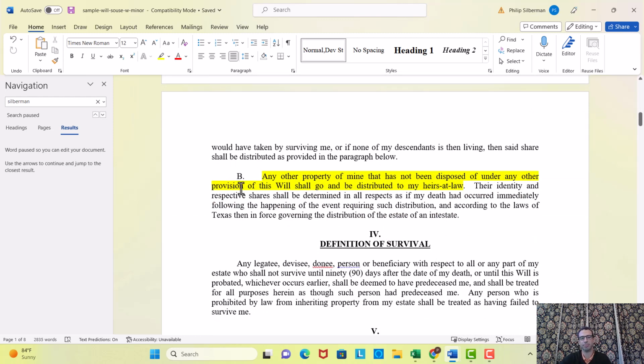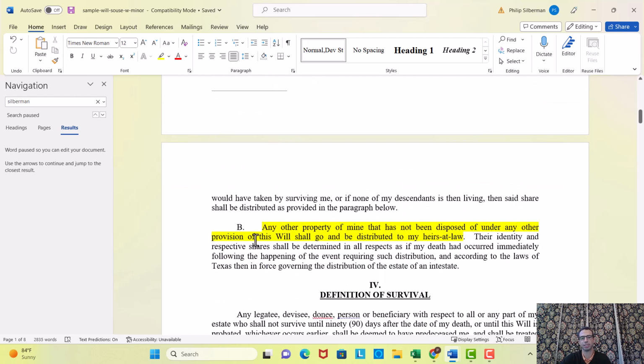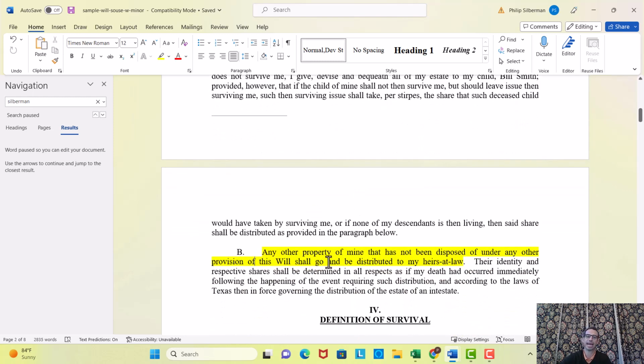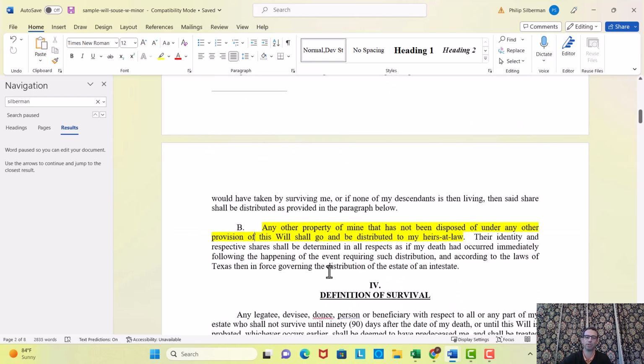And then this section here, B, within the disposition of the estate is actually very, very important. Even though it's not labeled as such, it's what's known as the residuary clause. The residuary clauses in Texas wills are the opposite of what you think they mean. It actually is you get all the good stuff.